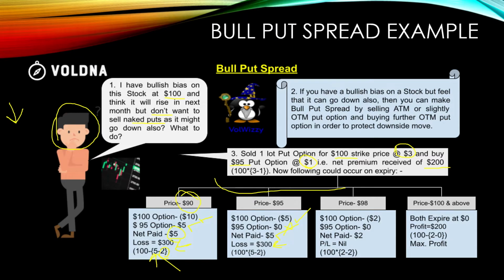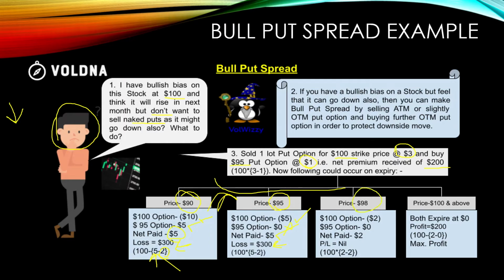So from comparing both these examples, you will find that his downside loss is limited after $95. So that means for the strike price at which he bought the option, his downside losses are limited beyond that strike price.